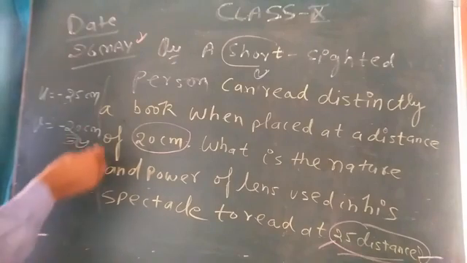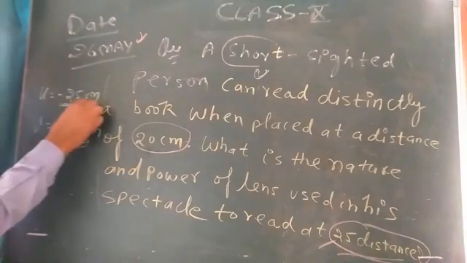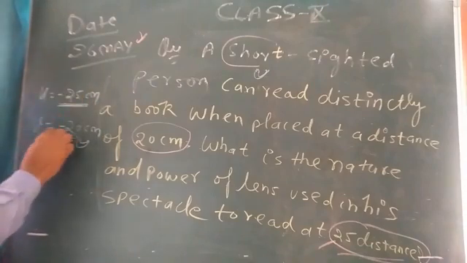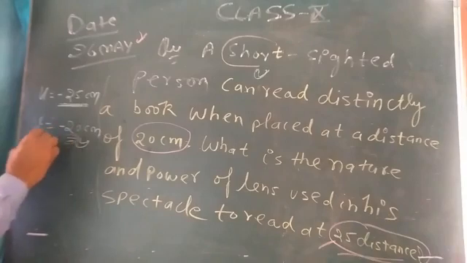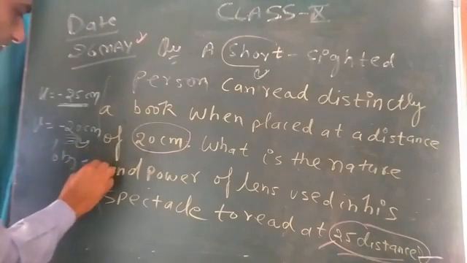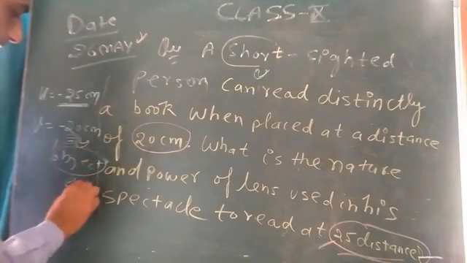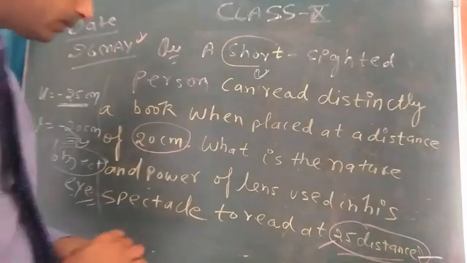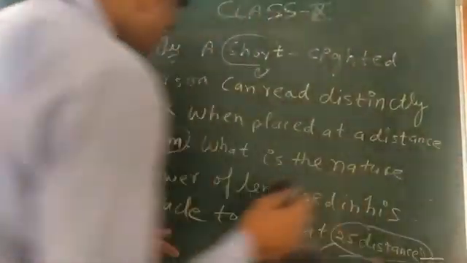It means this is the object for the extra lens, and this is the image for the extra lens, and this image will work as an object for the eye lens. Okay, so I am going to solve this numerical.